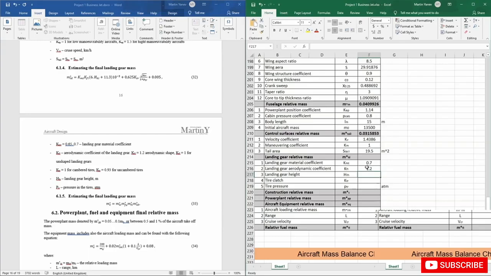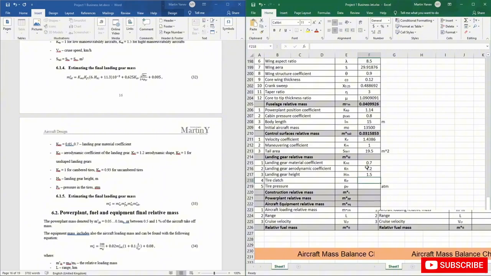And then we will do the landing gear height, which you can check on the internet, but the standard height of the landing gear is about 1.5 meters for our type of aircraft. Then the tire coefficient, whether we're going to have chambered or unchambered tires, is noted in this coefficient here.